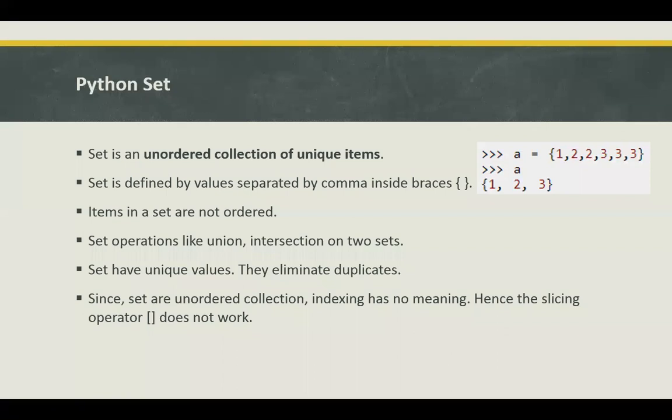There is no kind of ordering. It is only an unordered collection of unique items. It is not a combination of integer, float, string, complex number. No, here it is a collection of unique items.